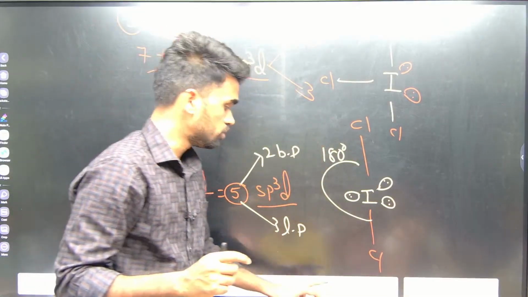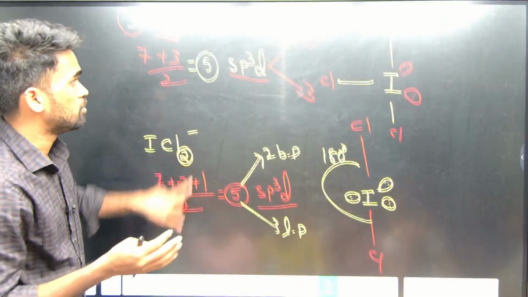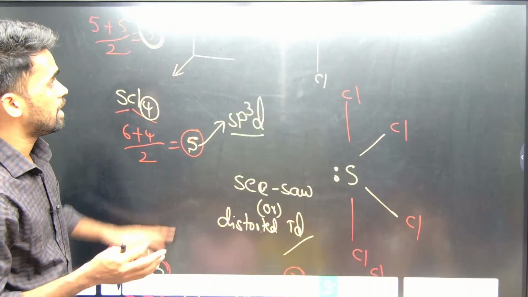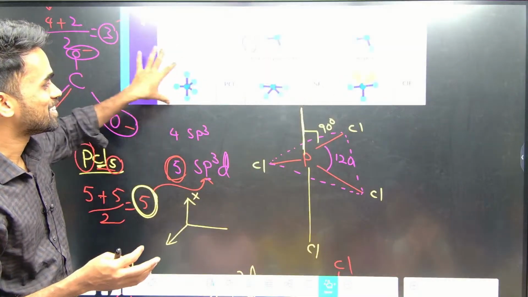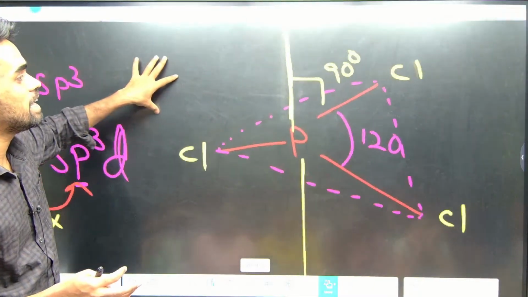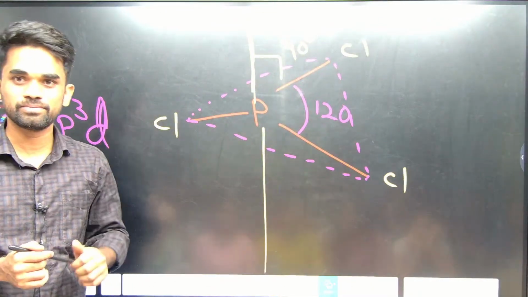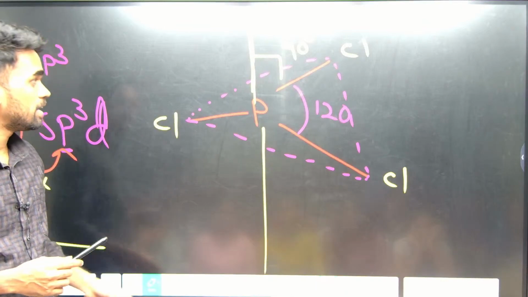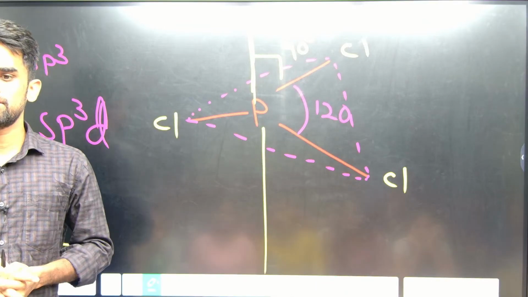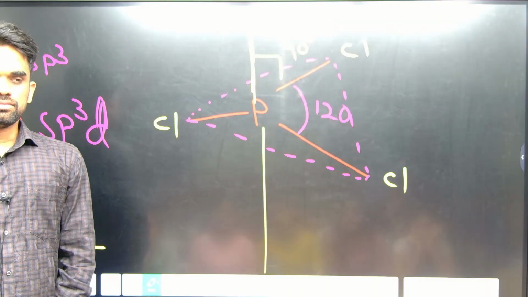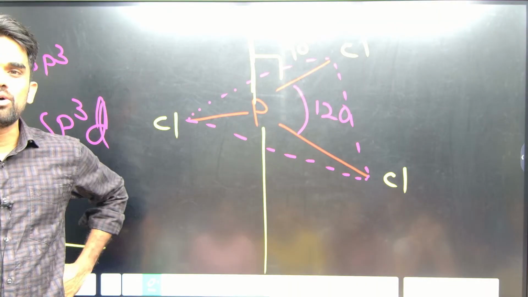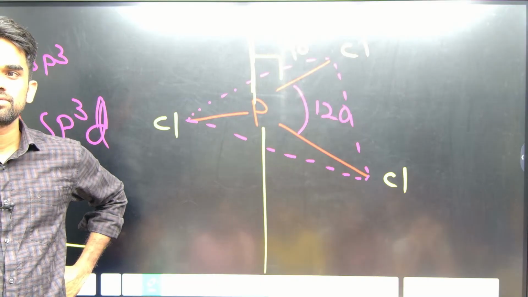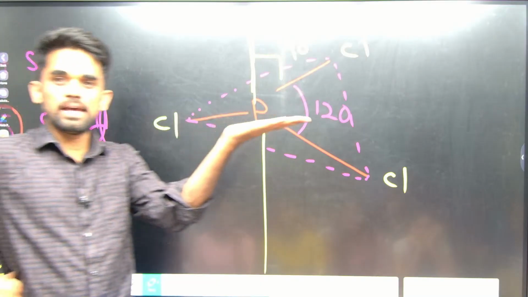Okay. Now, we'll go forward. But before that, I will test your IQ levels, how intelligent you are. Now, see. How many 90 degree angles are there in the given structure? Tell me how you are counting. This is a plane now.